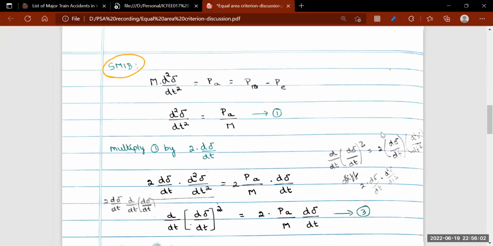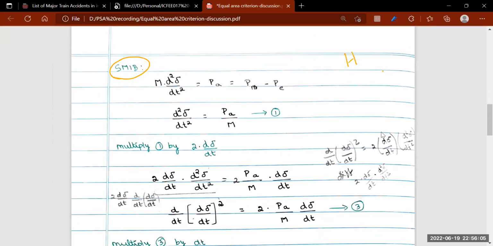Now this H by pi f, I can write as M. So my equation is modified as M into d square delta by dt square equals PA, which equals PM minus PE. Dividing this equation by M, I get d square delta by dt squared equals PA by M. Let me call this equation number 1.